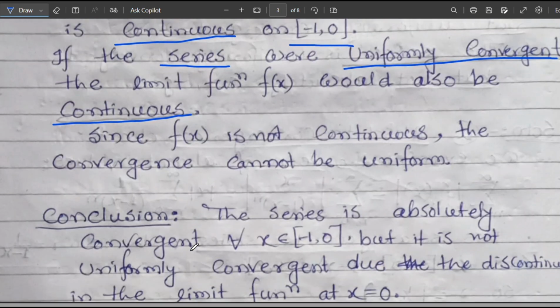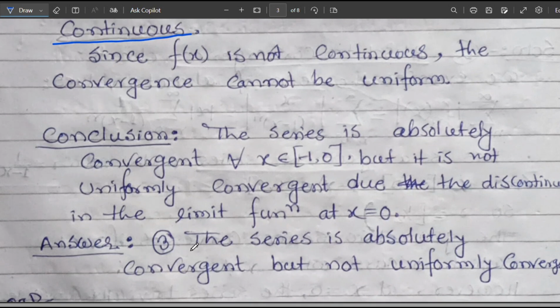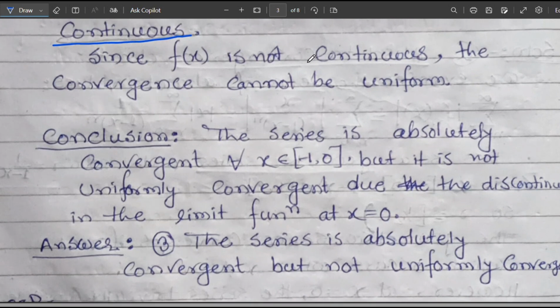Since f(x) is not continuous, as we have already seen, the convergence cannot be uniform. That's why this is not uniform convergence.